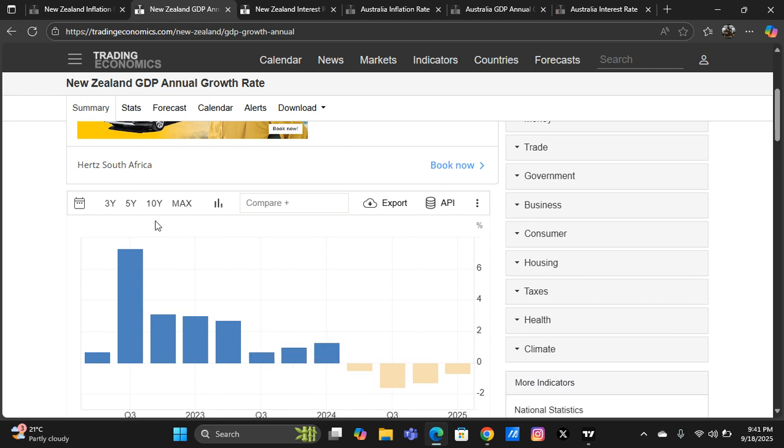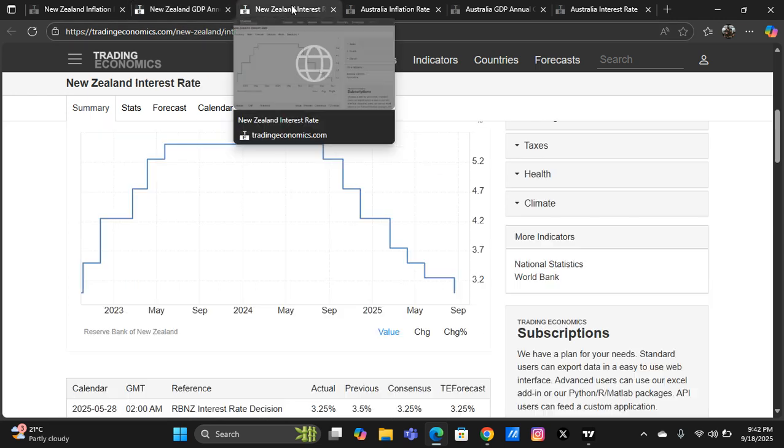You can see that here the GDP in New Zealand was moving in a steady downtrend towards the negative, and it actually gave us a tiny turnaround, even though it's in the negatives. But you can see that it's responding to the interest rate cuttings that were introduced by the Reserve Bank.